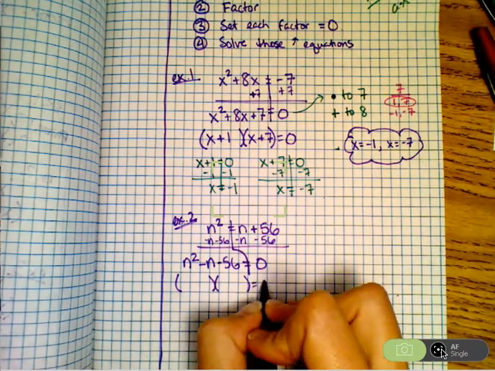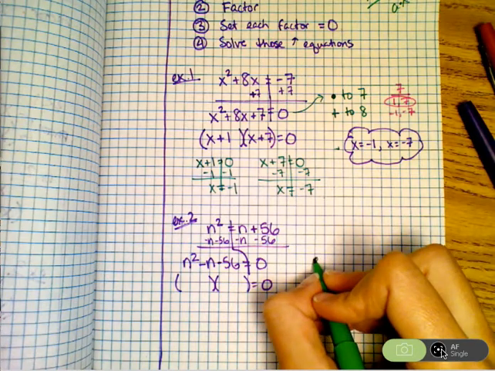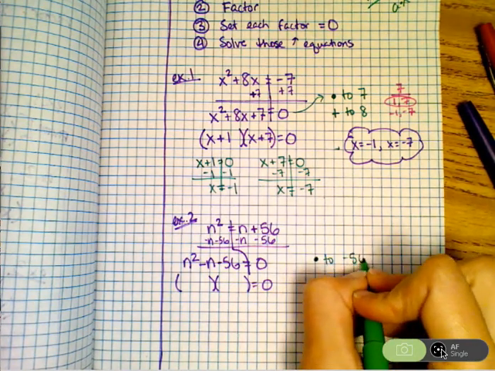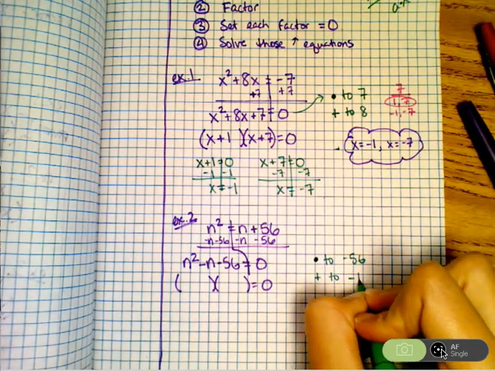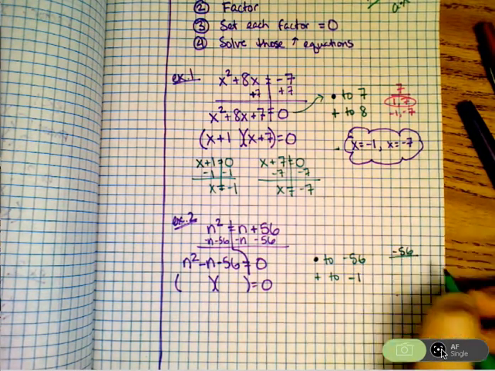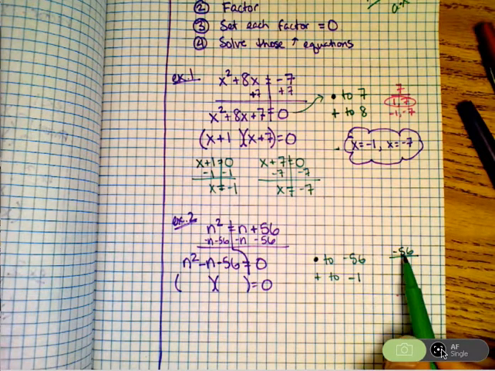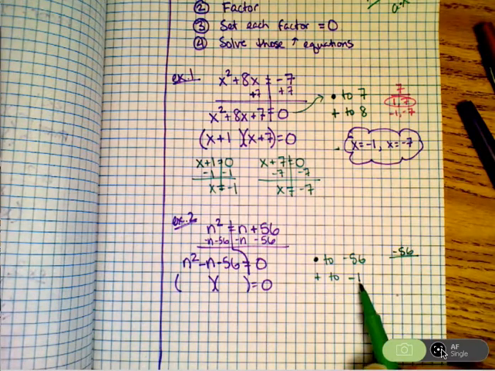So we need to think about two things that multiply to -56 and add to -1. Well, if I'm multiplying to a negative, I need a positive number and a negative number. I'm not going to try -1 and 56 or -56 and 1 because I know they're not going to add to anything near that.